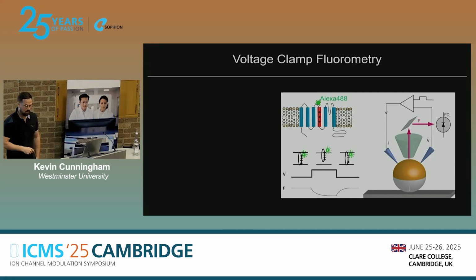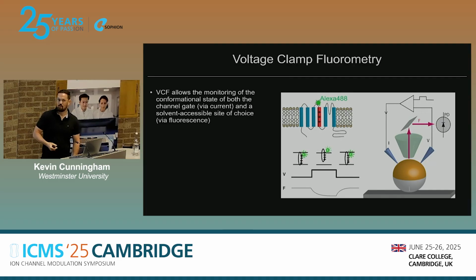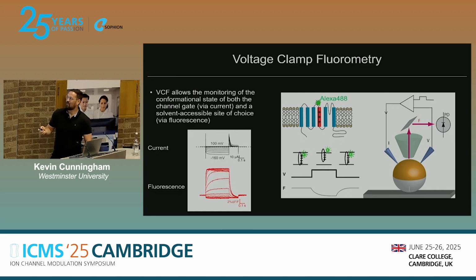So we wanted to see, is the S4 domain playing a role in this? We typically use voltage clamp fluorometry. As Kay described yesterday, we get a fluorophore to bind to a cysteine that we've incorporated at the top of the S4, and we can measure the S4 movement whilst measuring current changes.